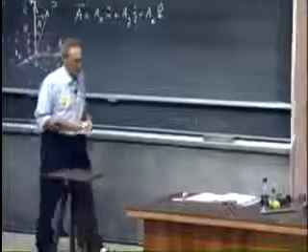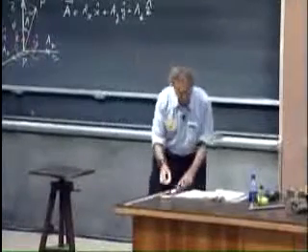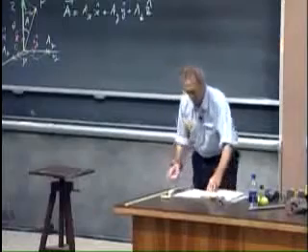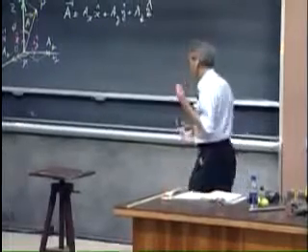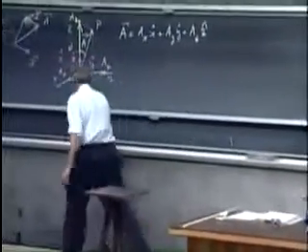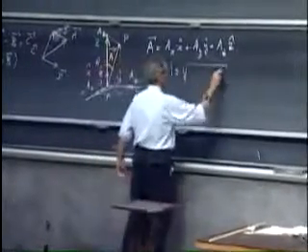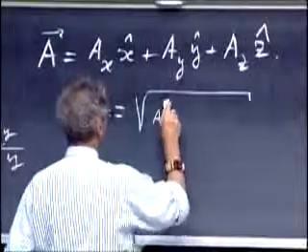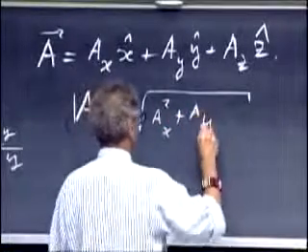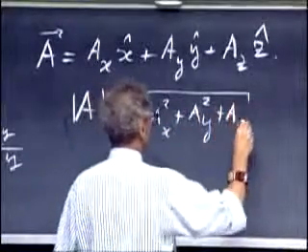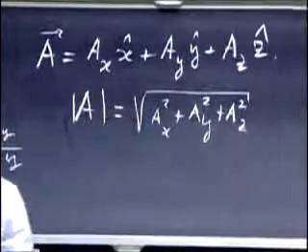So we have decomposed one vector into 3 directions. And we will see that very often this is of great use in 801. The magnitude of the vector is the square root of A of x squared plus A of y squared plus A of z squared.